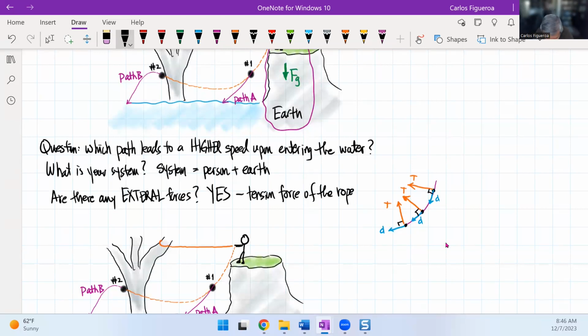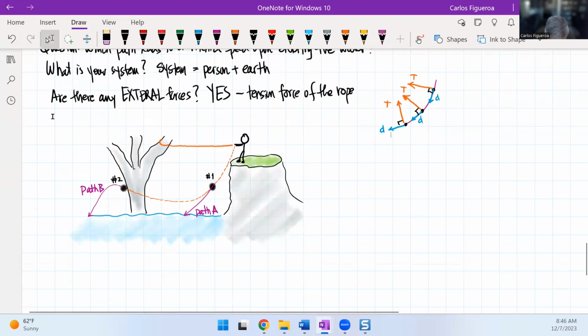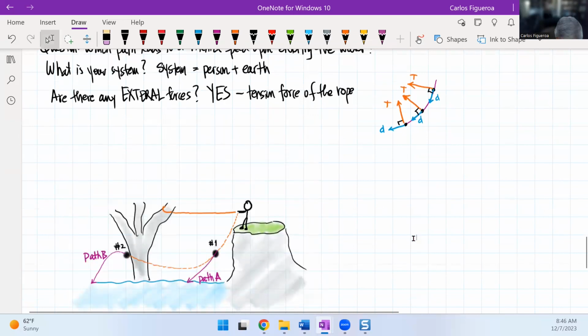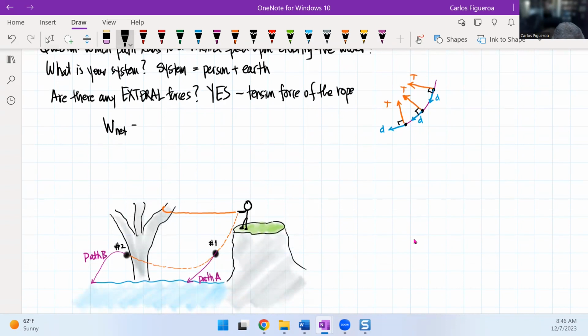When I look at the net work, I see that there's this tension force, but it is perpendicular to the displacement, so its work will always be zero.